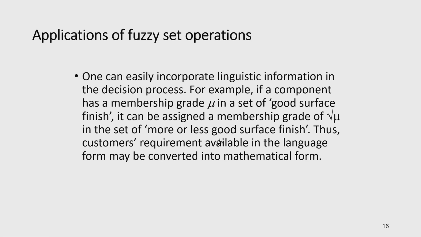So one can easily incorporate linguistic information in the decision process. For example, if a component has a membership grade mu in the set of good surface finish, it can be assigned a membership grade of square root of mu in the set of more or less good surface finish.